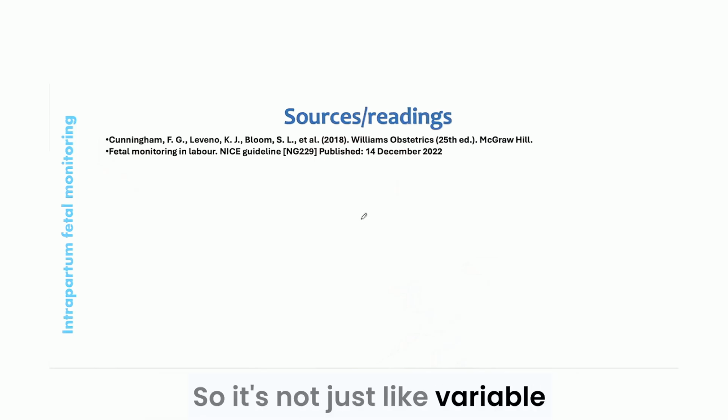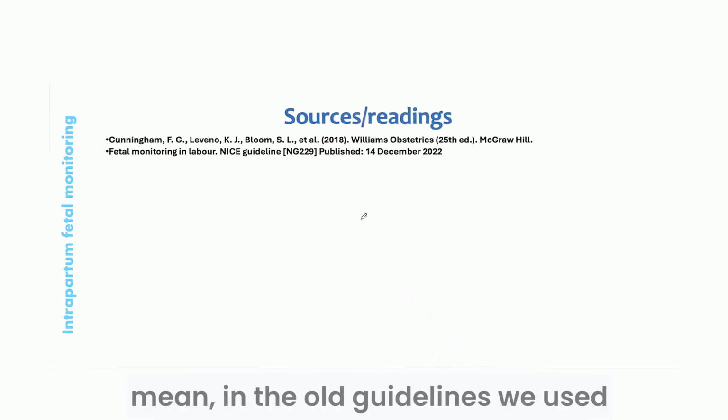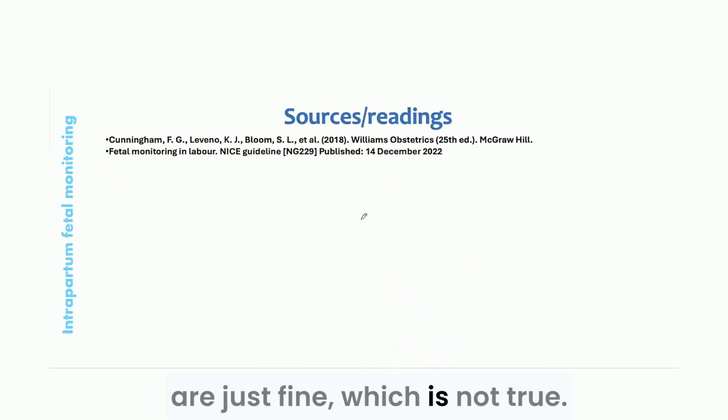So it's not just variable decelerations, late decelerations, early decelerations. It just gives you some landmarks about what you need to observe to see if, for example, a variable deceleration is concerning or not. So I really appreciate that in the reading of the CTG, because in the old guidelines, we used to call all variable decelerations just fine, which is not true.